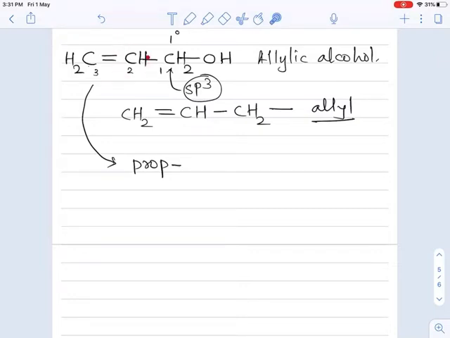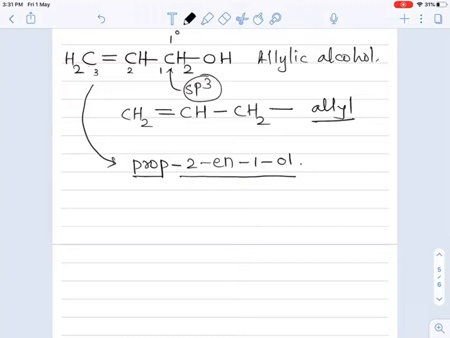At position 2 a double bond is present, so 2-en, alkene, that is 'en', where the e is replaced. The OH group is present at carbon number 1, and that's why 1-ol. Its IUPAC name is prop-2-en-1-ol.